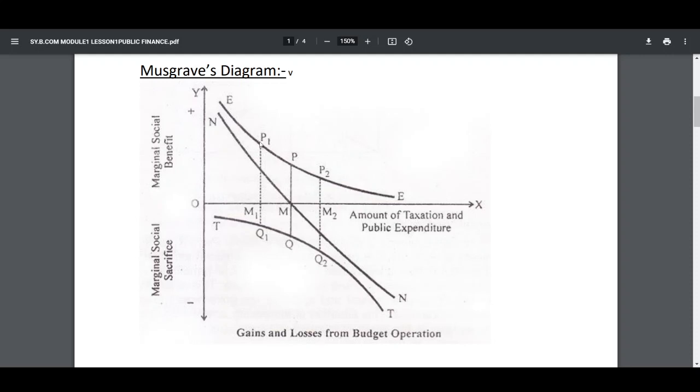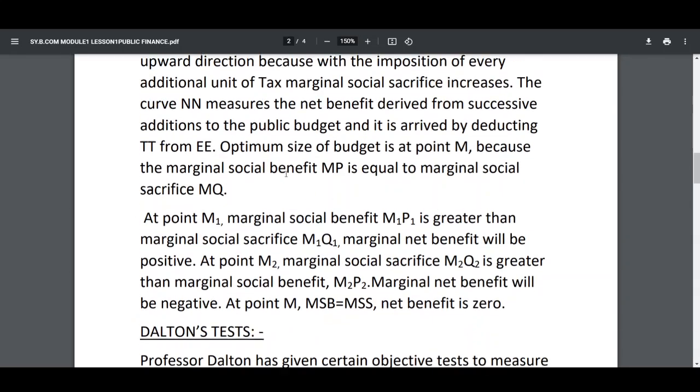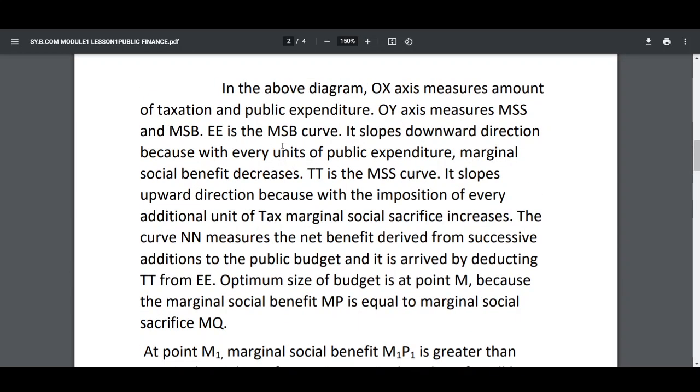With every additional unit of expenditure, marginal social benefit decreases. Therefore, this curve slopes downwards.